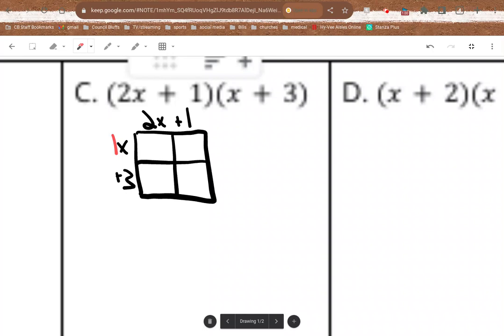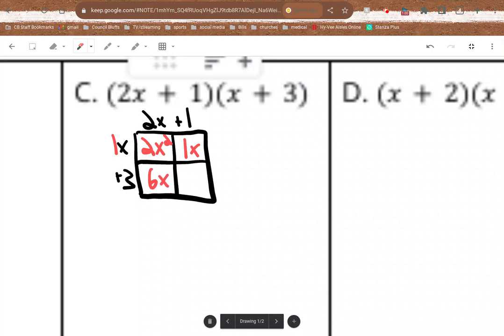So the top left is going to be 2 times 1, which is 2. X times x, which is x squared. Okay, top right is going to be 1 times x, which is 1x. Bottom left is going to be 3 times 2x, which is 6x.